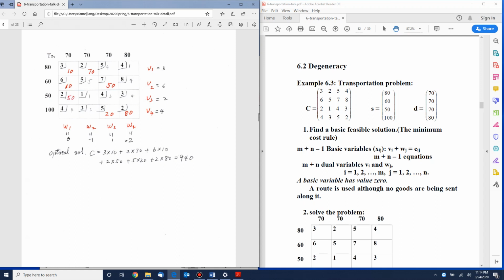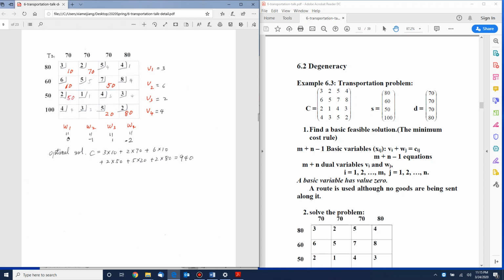So we calculate V1 plus W3 equals 4, V1 plus W4 equals 1, and V2 plus W2 equals 5 for cell 2, and then V2 plus W4 equals 4 for cell 2, and then for cell 3, that's V3 plus W2, that is 1, and V3 plus W3 is 3, and V4 plus W1 equals 4, V4 plus W2 equals 3.